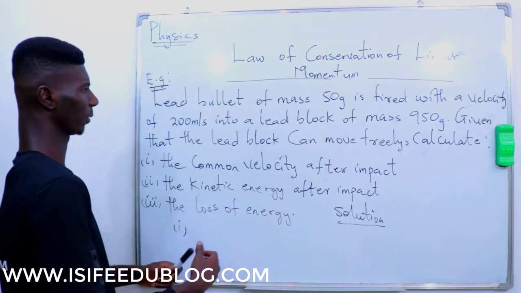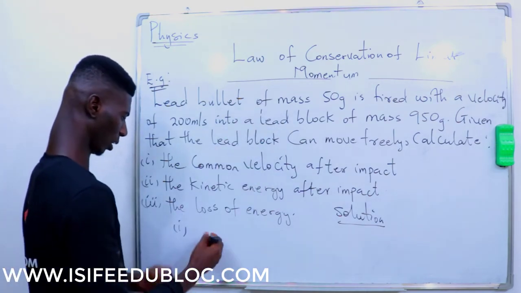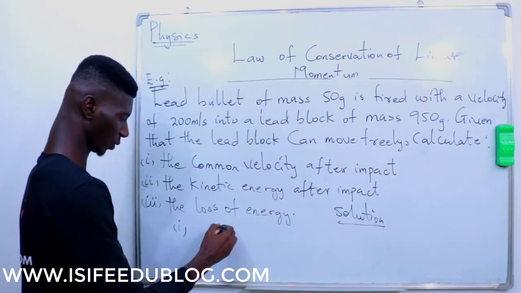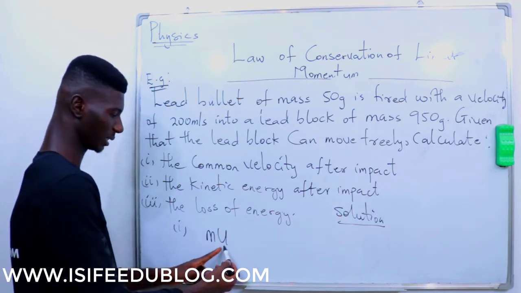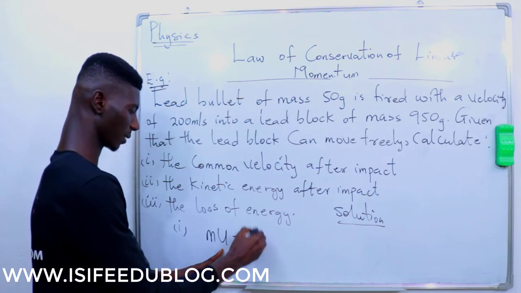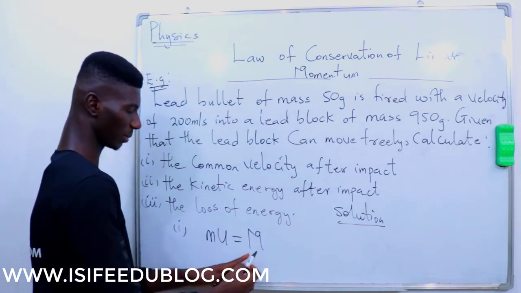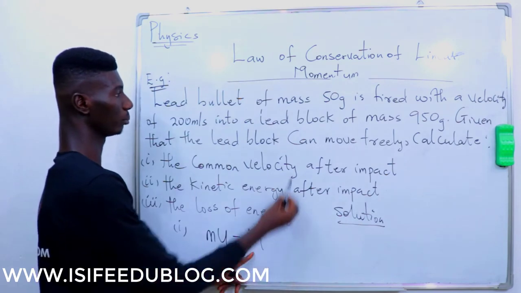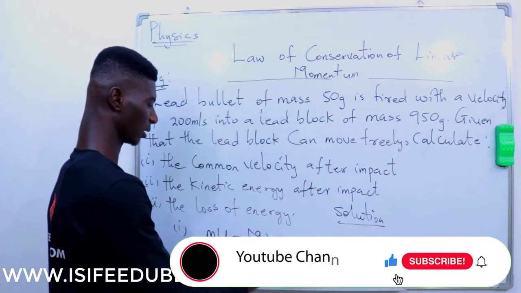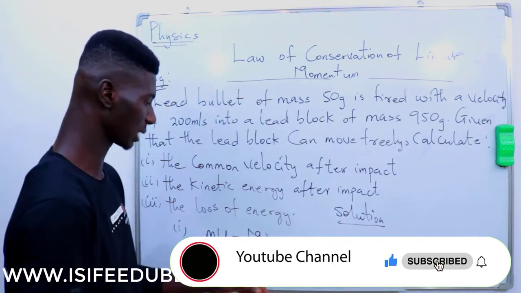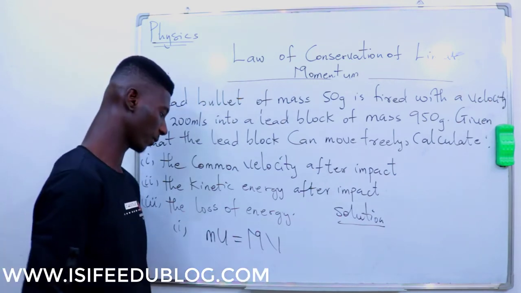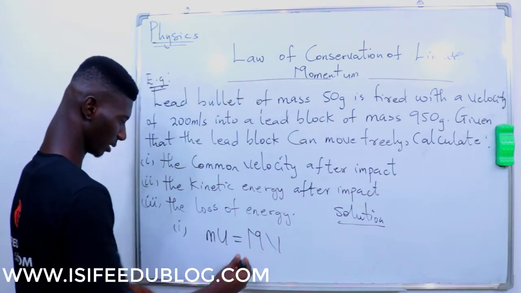Now we know our formula is simply mass times what? The mass of the bullet times the velocity of the bullet is equal to the total mass, the total mass of both the bullet and the block, times the common velocity of movement. So in this case, what we are looking for here is V. That is what we are looking for, V. Now this, we can expand this.